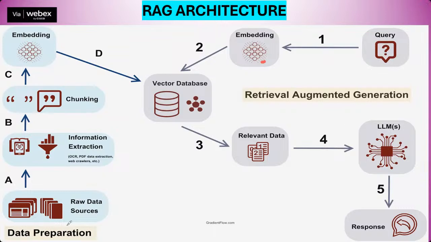Whatever the query, we try to get the raw data. For example, Virat Kohli. Where do you find Virat Kohli information? From Insta, from Wikipedia, from multiple documents on the internet. From the internet, we extract the information about Virat Kohli using techniques called OCR, PDF data extraction, web crawler. There are multiple things available.